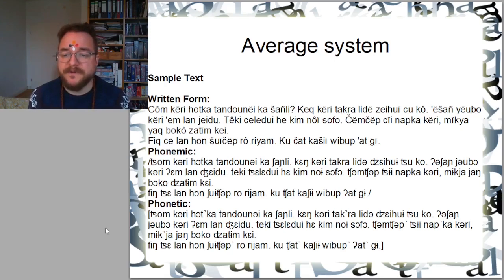Chumchup, tsui, napka curry, mukya yang boko, zatum kei. Fing tse lan hon shui chup, ro riam, ku chat, kashil, wibup, at gu.